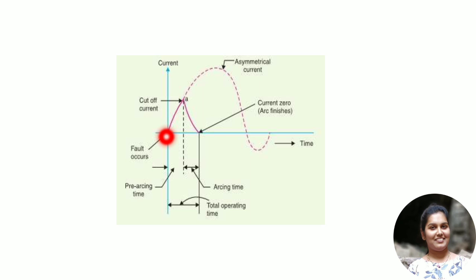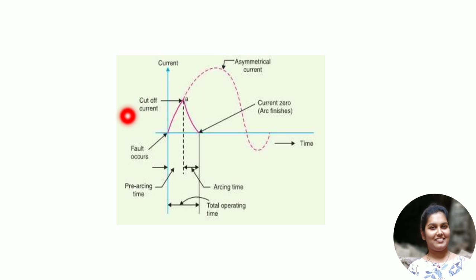When the fault occurs, you can see that the maximum value is reached at some point, like here, for this faulty current. But you can see a cutoff current before the maximum current is reached.